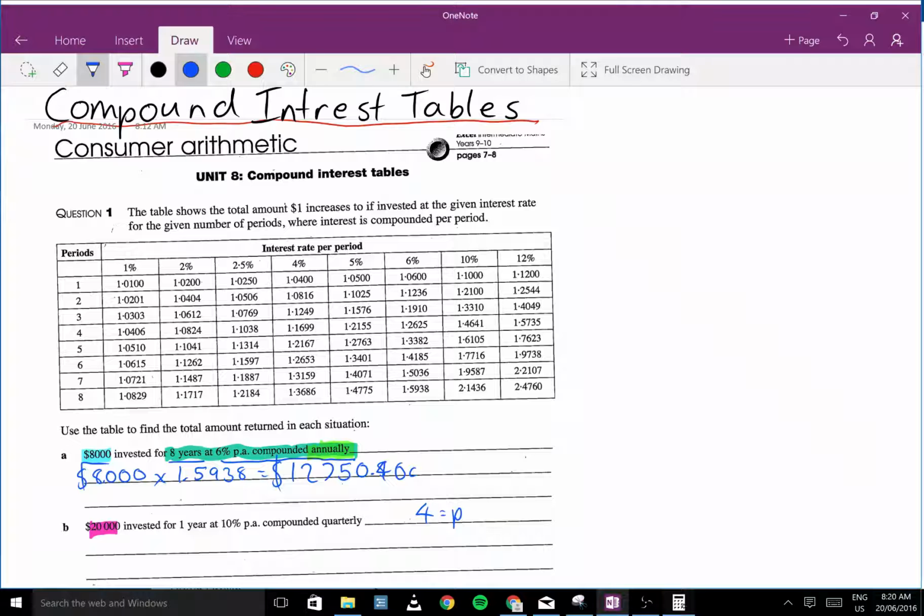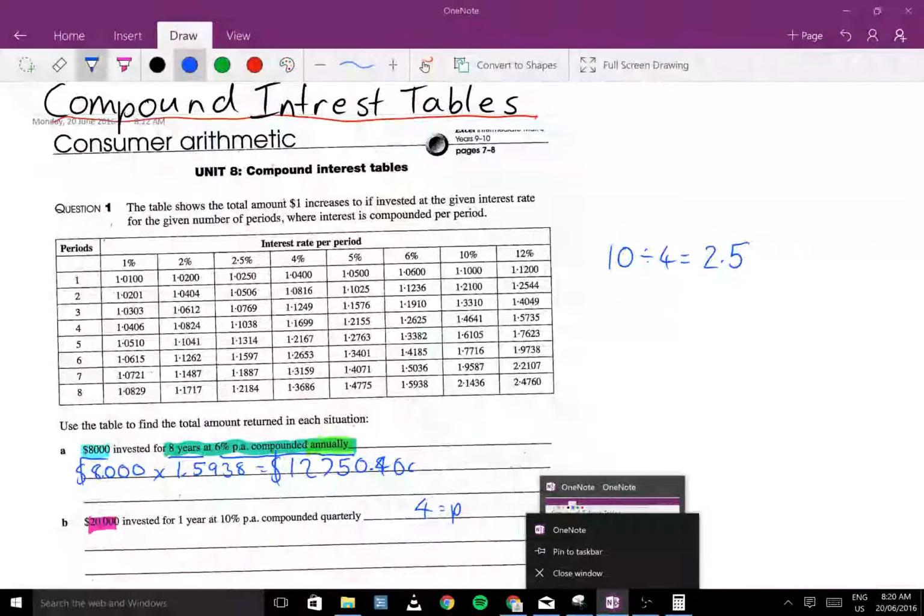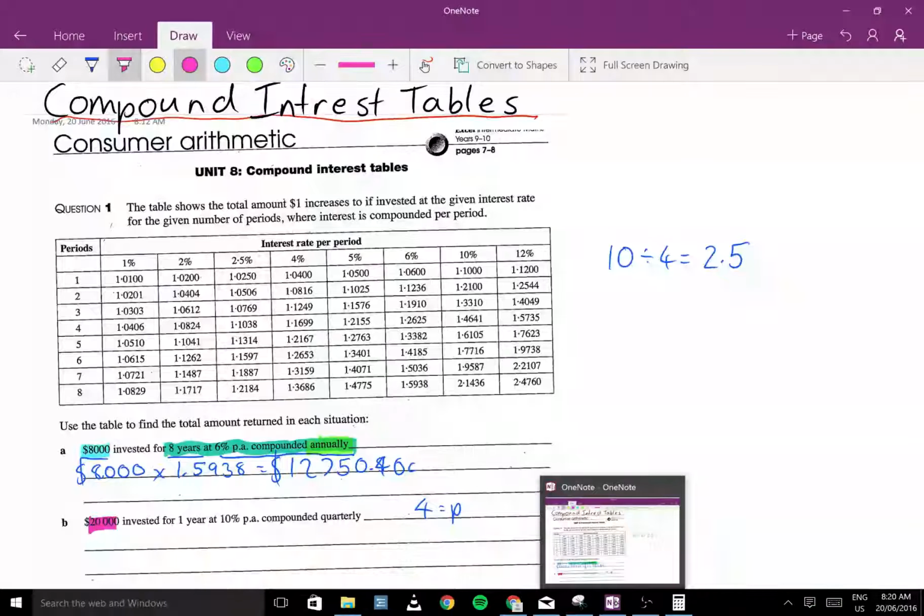Now it's 10% over the year, and that's divided into 4 periods, so I need to do 10 divided by 4 equals 2.5, and you can check that on your calculator. That's going to be my interest rate per period, that 2.5.